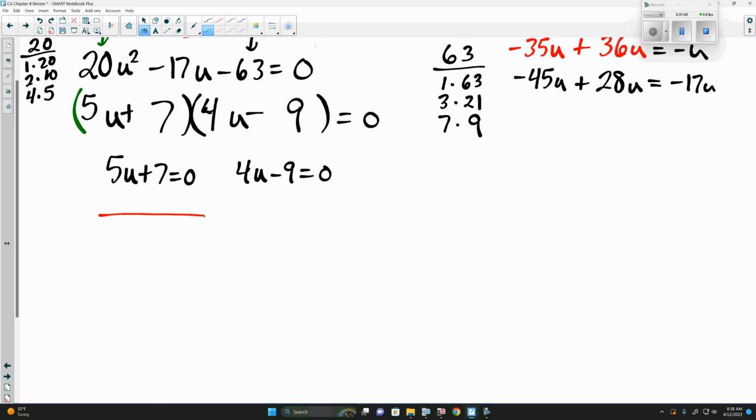Now, if we wanted to, we could replace u with e to the x at this point, or we can just leave it alone and finish solving. One of the u's is equal to negative 7/5.